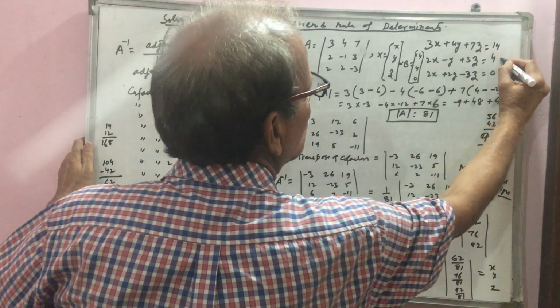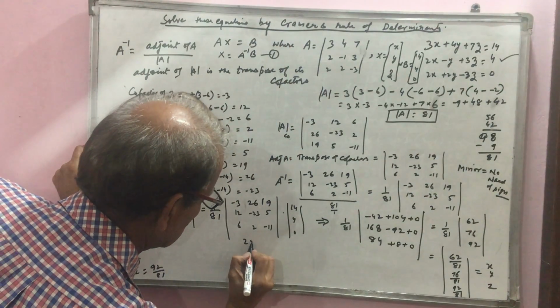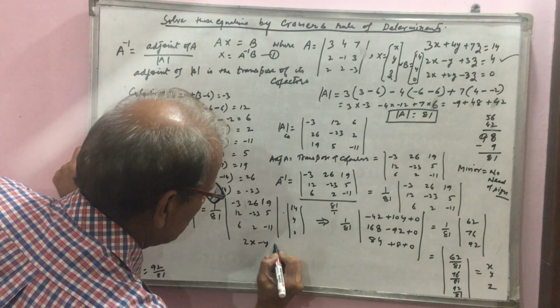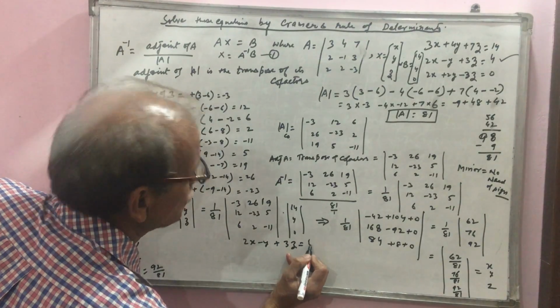Let us put it in the equation 2x minus y plus 3z is equal to 4.